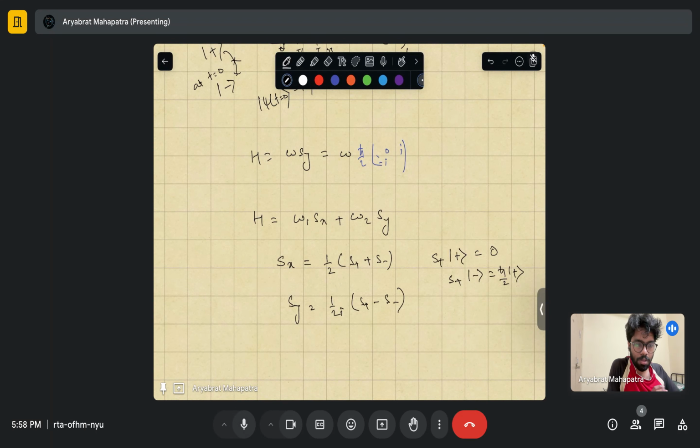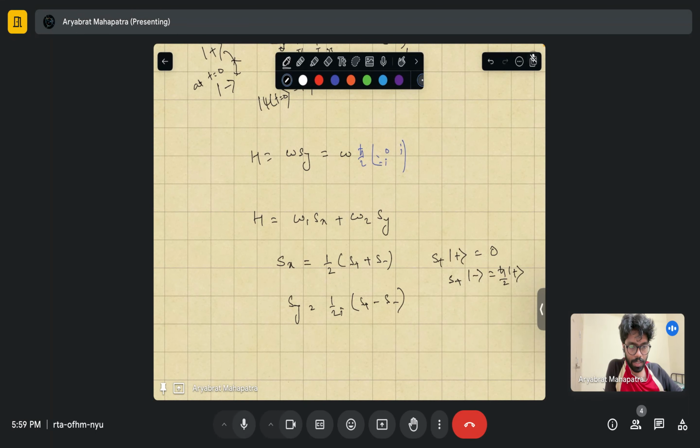That would make it easy to calculate your probabilities and other quantities. You don't have to use the matrix form and eigenvalues, so you can directly do it that way. That could avoid quite a lot of complication. You may face it when you have only S plus and S minus.